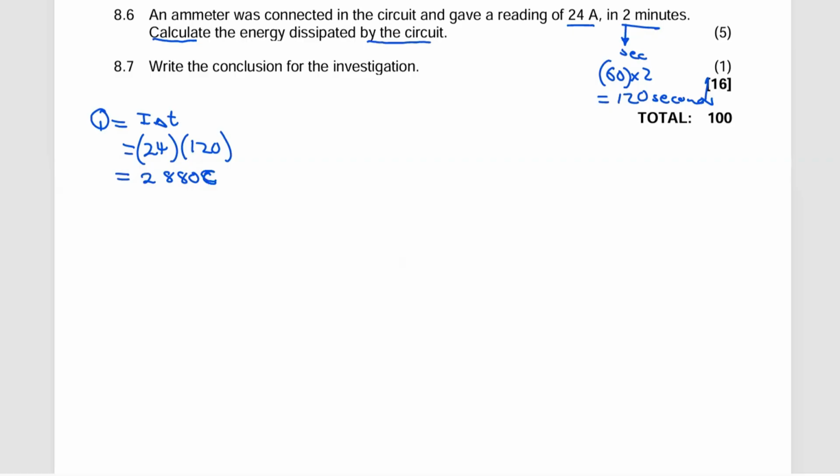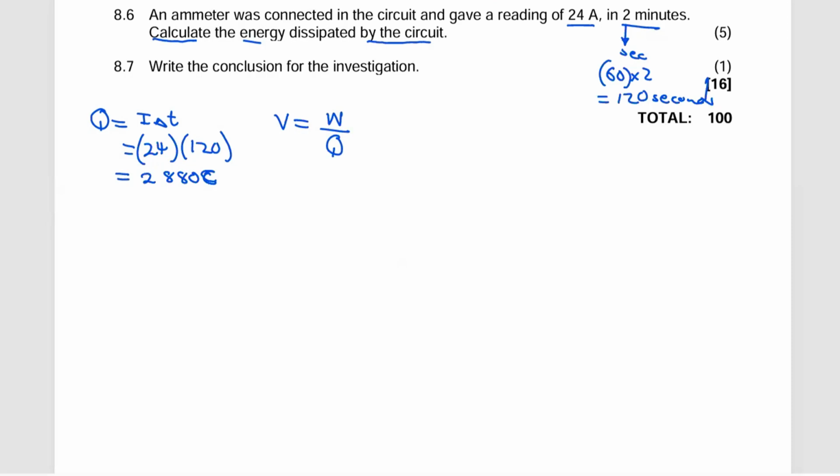After that, we are supposed to calculate the energy. If we look at our data sheet, you'll find that we have a formula like this: V equals W over Q, where Q is your charge. Do we have our voltage? Yes, our voltage is 9.